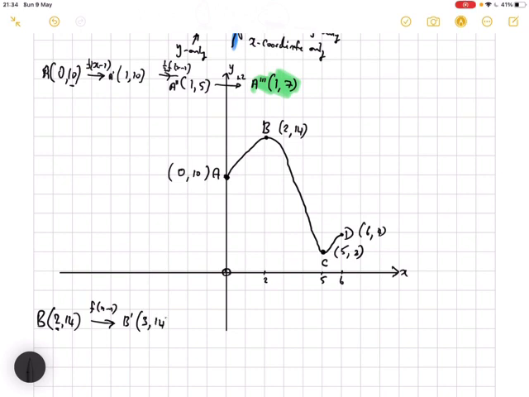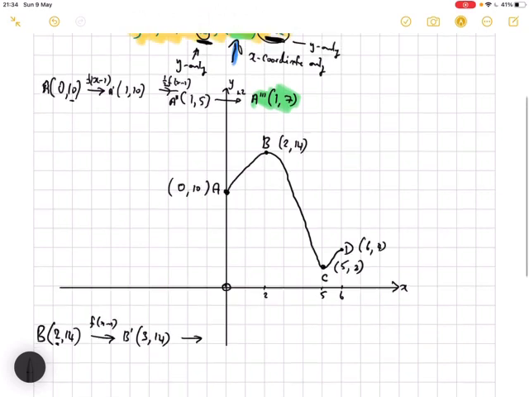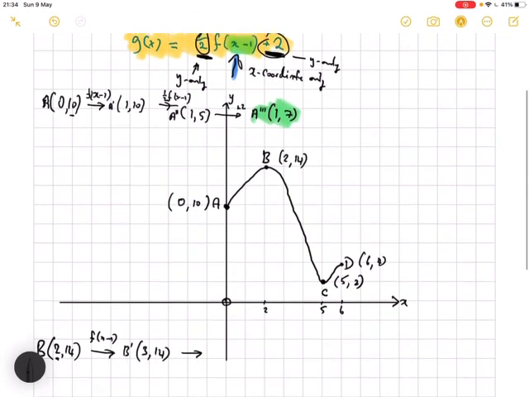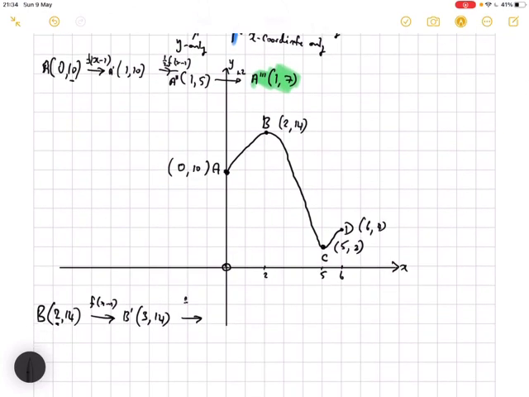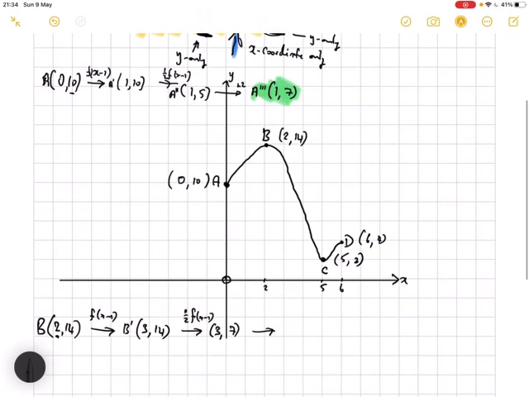The y coordinate stays the same, and the rest of the transformations only affect the y coordinates because they're outside the bracket. So half f(x minus 1) plus 2, the half of f(x minus 1) only affects the y, so the x stays the same as 3, and half of 14 is 7, so we get 3, 7, and then finally the last transformation was plus 2.